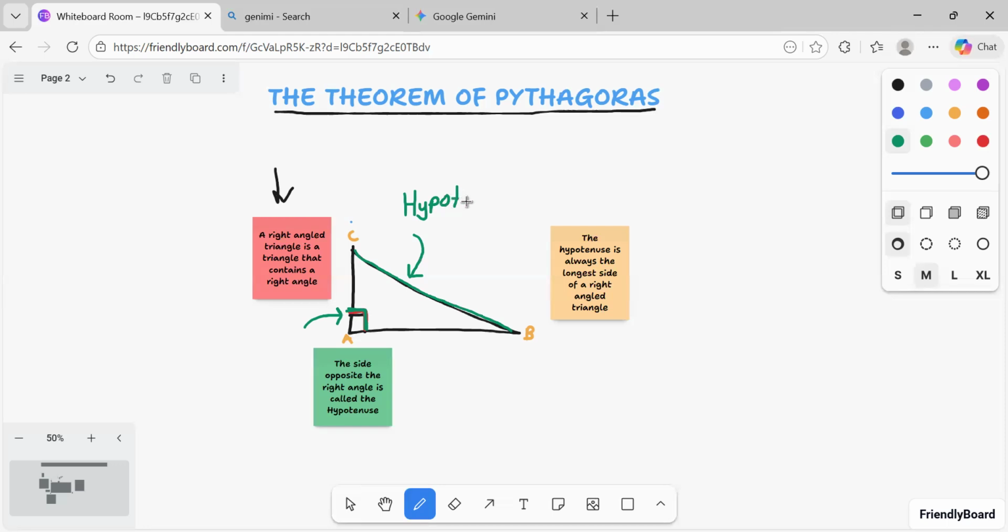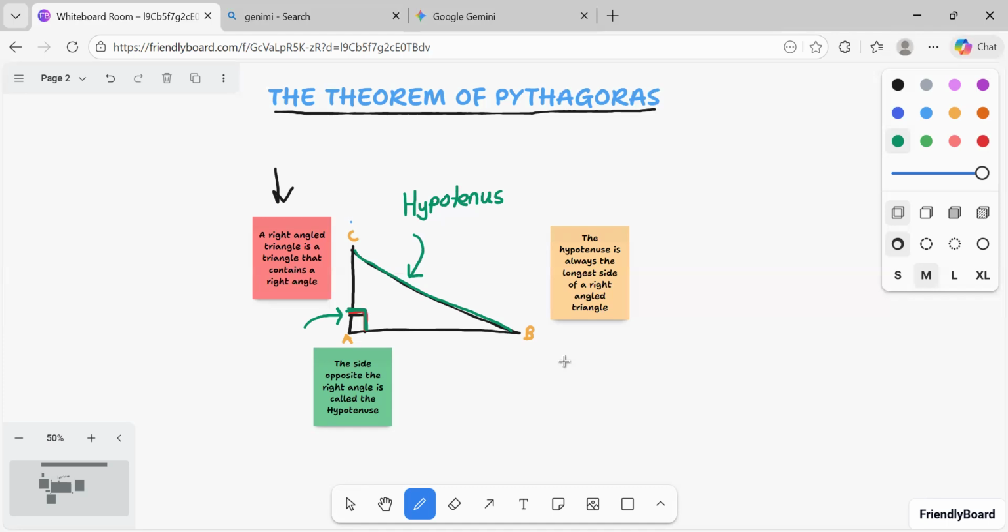So that's how you are able to identify the side which is the hypotenuse. The hypotenuse is always the side that is opposite to the right angle.